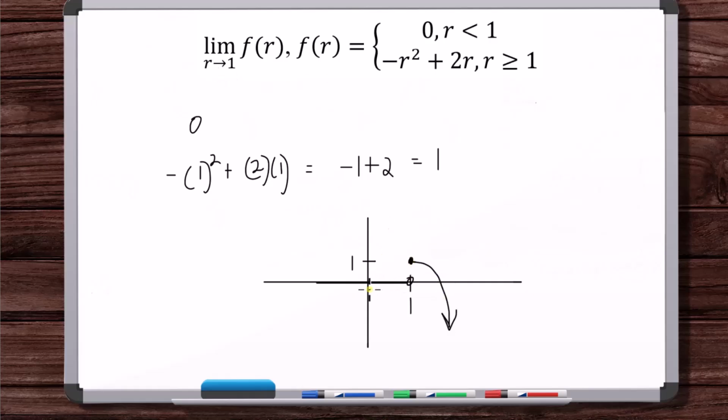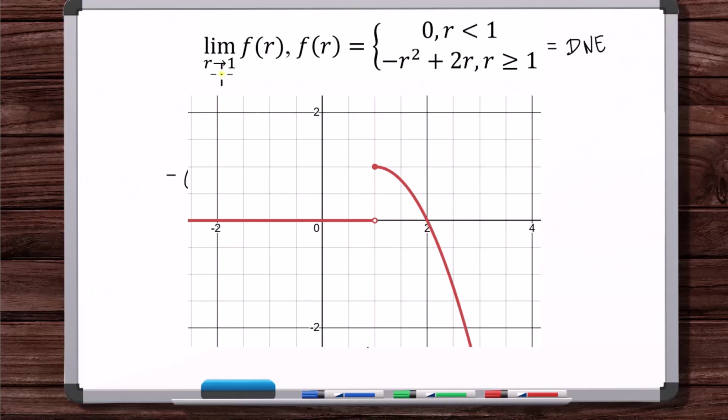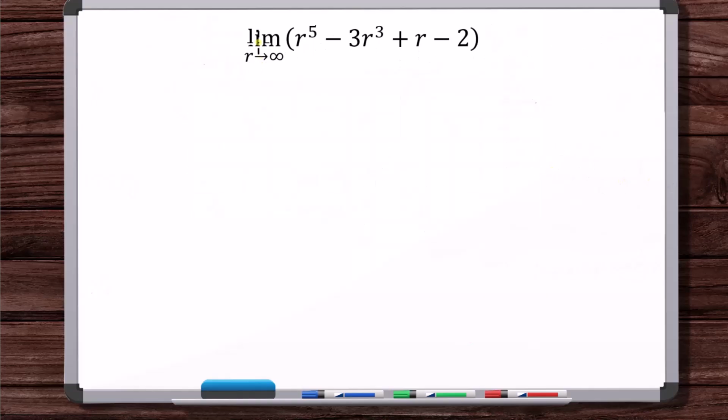So as r approaches 1, in general the limit's not going to exist at a jump discontinuity. The limit as the input approaches a jump discontinuity in general always doesn't exist, right? Because the limit as r approaches 1 from the left and the limit as r approaches 1 from the right are not the same.